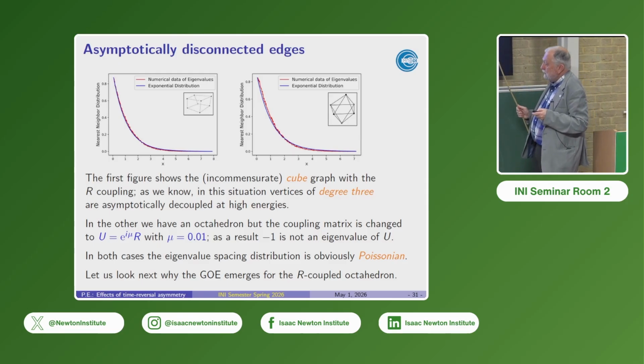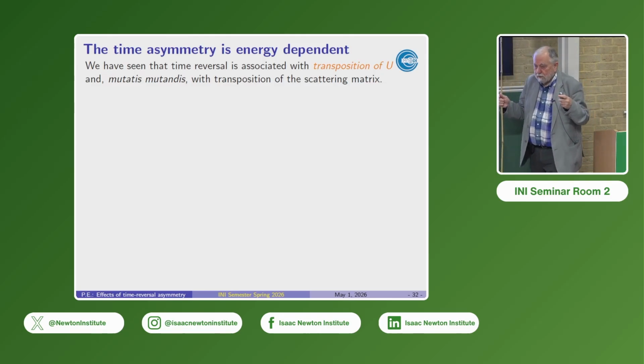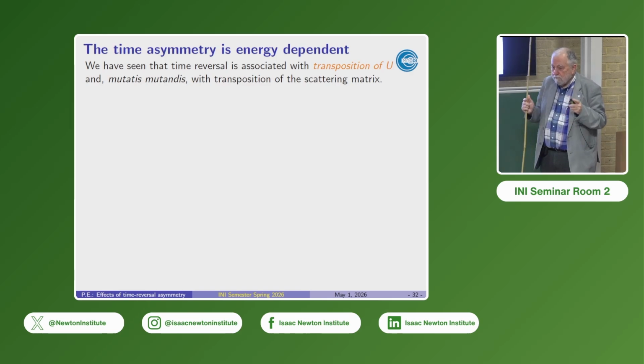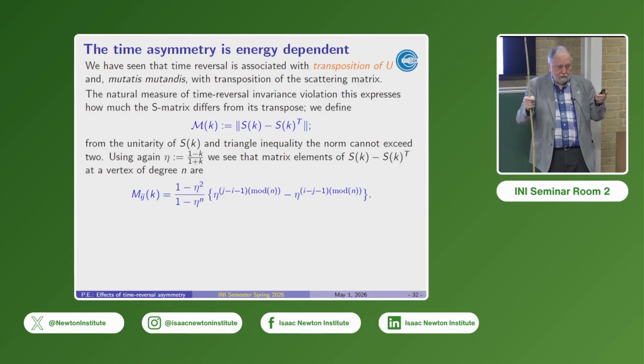Let's ask why it is so that the nearest neighbor is GOE. The point is that my violation of time reversal invariance is dependent on energy. In order to assess what the dependence would be, let me recall that it was an invariance with respect to transposition.